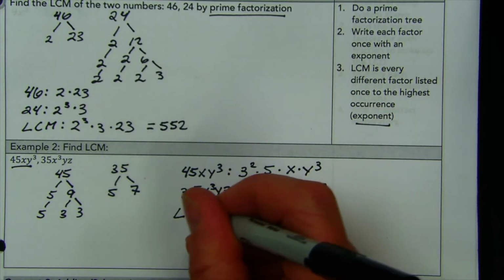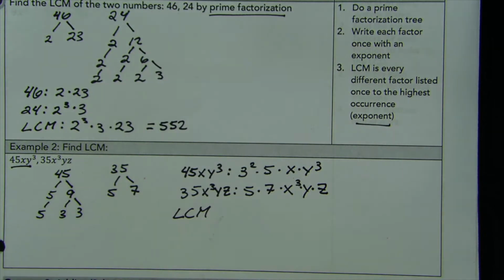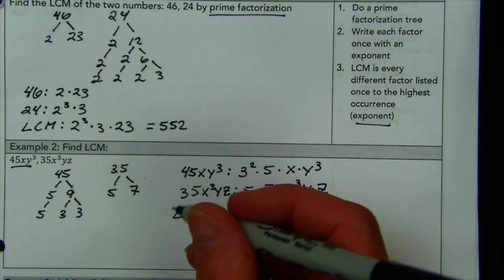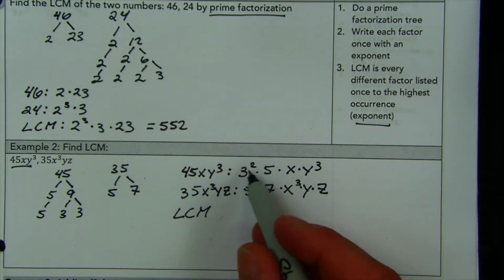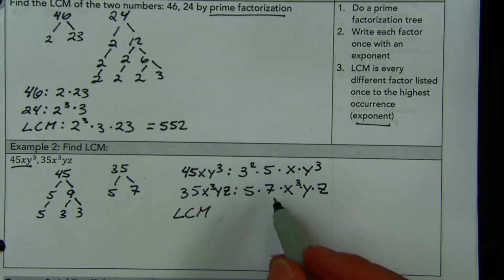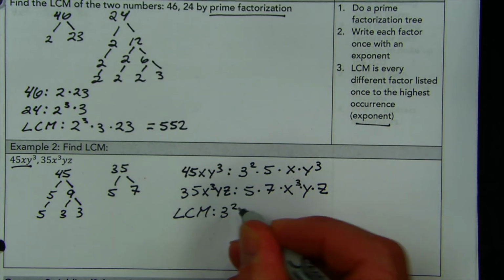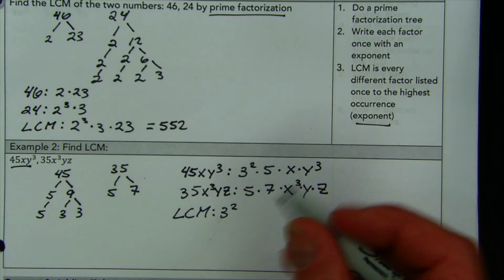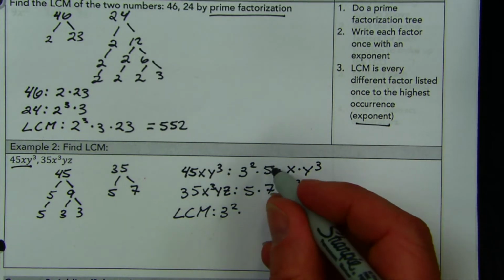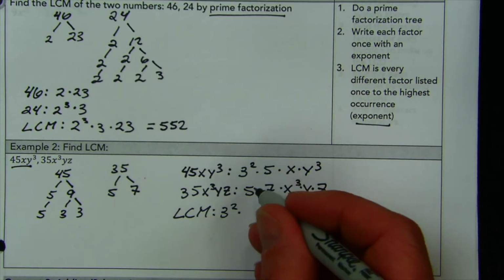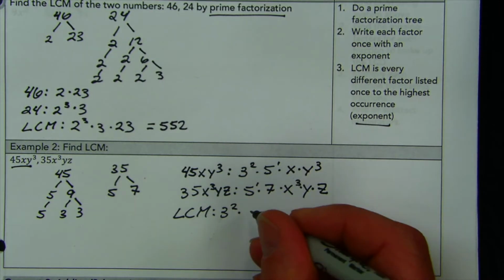All right, my least common multiple of these with the variables would be, I'm going to take one of each factor and take it to the highest power. So I have a 3. Even though this one doesn't have a 3, I'm going to include it in my least common multiple, and I have 3 squared. What else do I have? I have 5. Both of them have a 5, but I'm just going to take one of the highest exponent, which is both of them are to the first power, so times 5.